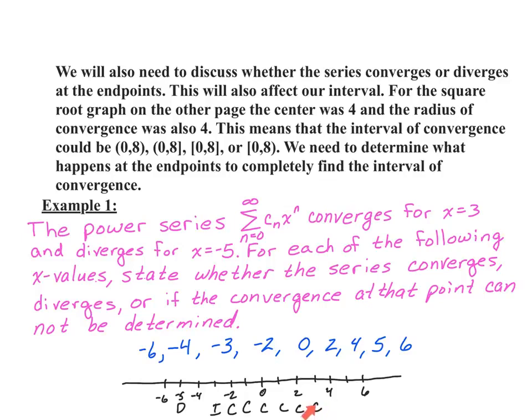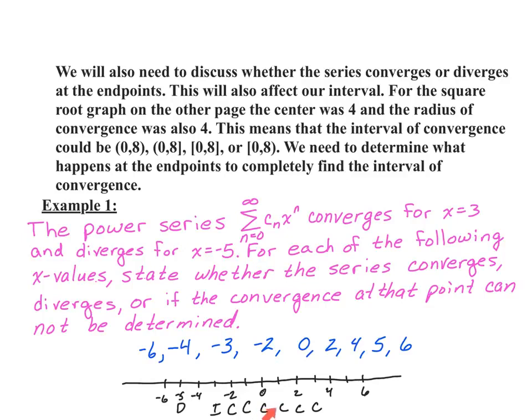We knew it converged here, but we do not know if it converges here at 4. We also do not know if it converges or diverges at -4. We were not told that 3 was the radius of convergence.